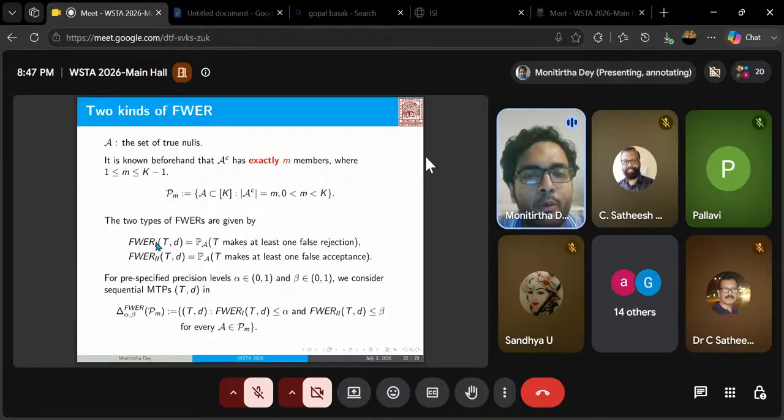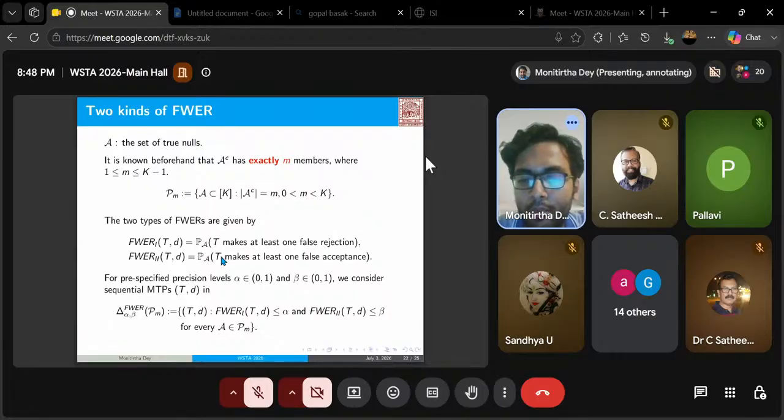So here, as in the classical sequential setup, we can control two types of error rates simultaneously: the family-wise error rate of type 1 and the family-wise error rate of type 2. The first one is the probability that the rule makes at least one false rejection, and the second is the probability that the rule makes at least one false acceptance.